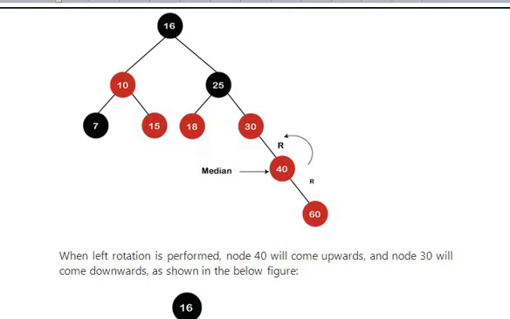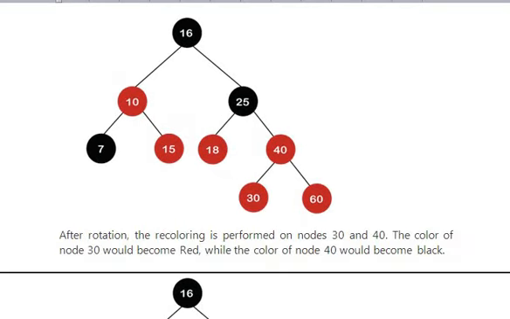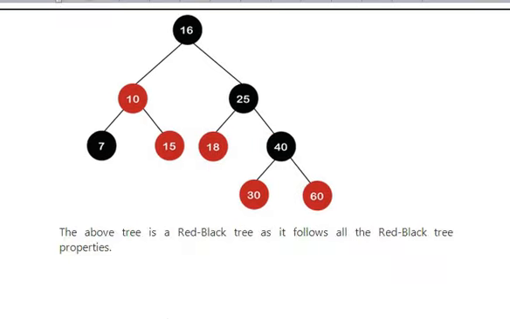So again we need to perform rotation, and after rotation the recoloring is performed on 30 and 40. The color of node 30 would be red and the color of node 40 would become black. So here we have the final red-black tree, which satisfies all the properties.